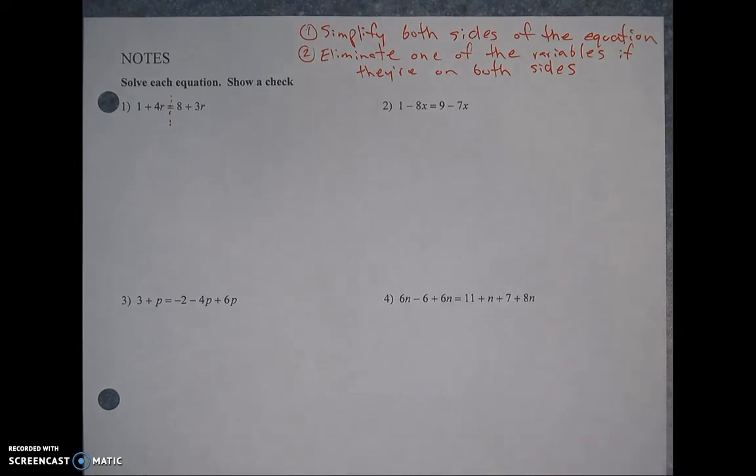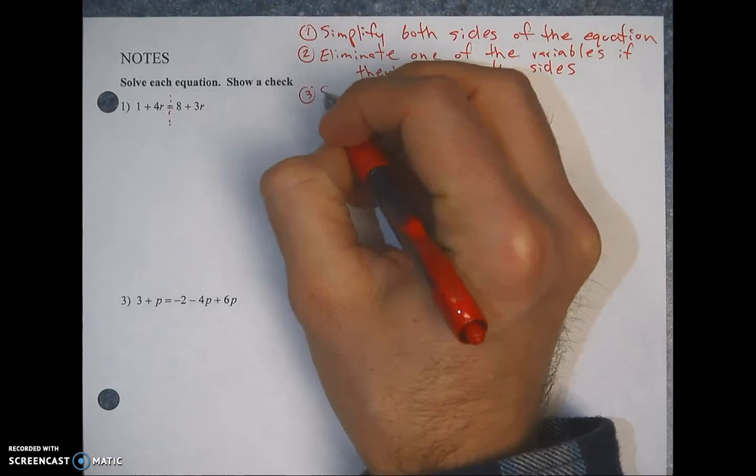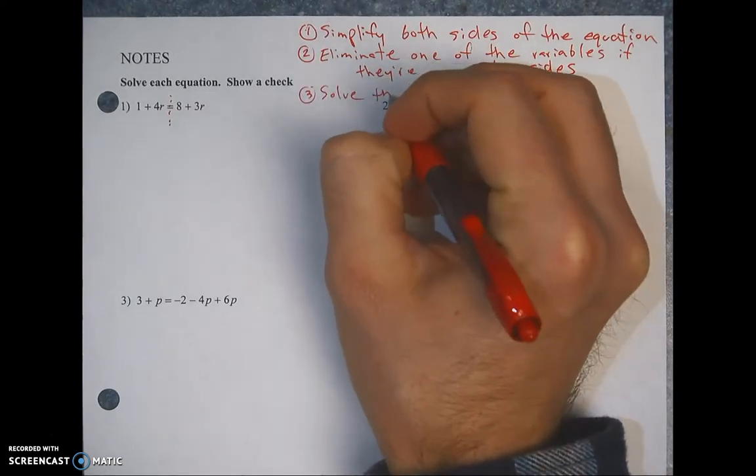Now you can eliminate the bigger one, and you can still get it right. Okay, you're just going to have to deal with negatives along the way and just make sure you don't make mistakes. So the best practice is to always eliminate the smaller number so that we just keep it positive and you're not going to make mistakes as much that way. Once you've eliminated it, you're just going to solve the equation.